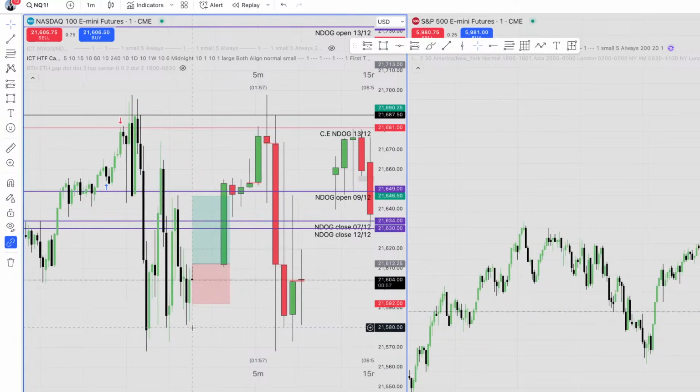Let's see more. Even though you have so many opportunities to enter in New York and the price really moves compared to London, London is nothing compared to New York.